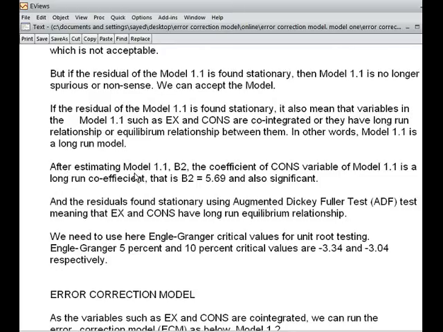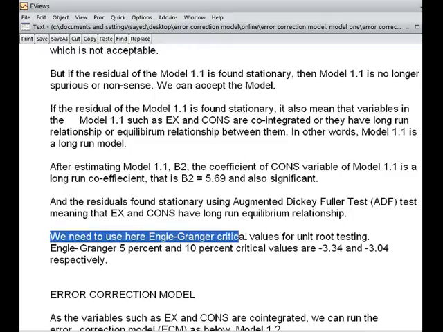Okay, but here one thing we have done, here we need to use the Engle Granger critical value for unit root testing. So here actually we have used the Engle Granger critical value to check whether our residual is stationary or not.